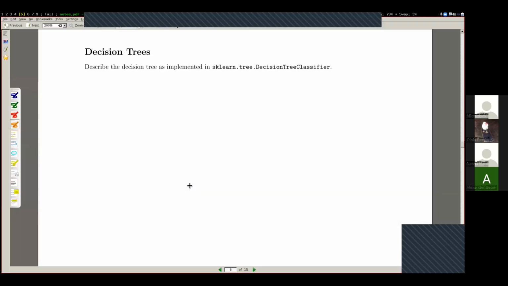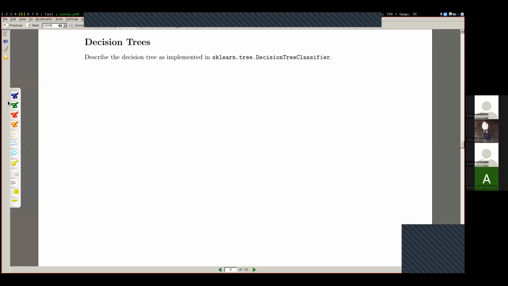So, decision trees. As implemented in scikit-learn, there are lots of different variations of decision trees used in practice, but this one right here is pretty representative of all of them. As the name implies, they have a tree structure where you make some simple decision.